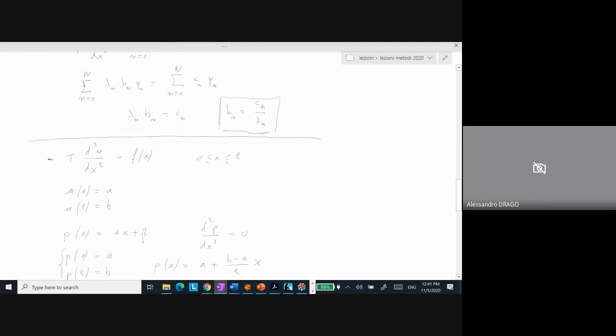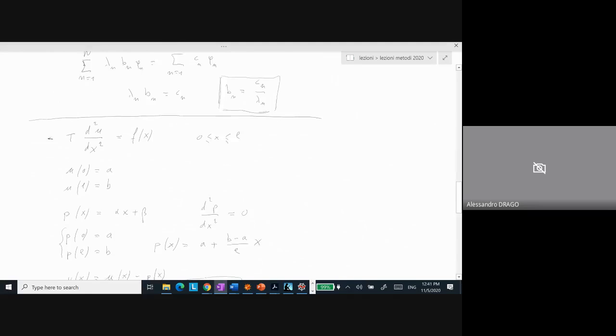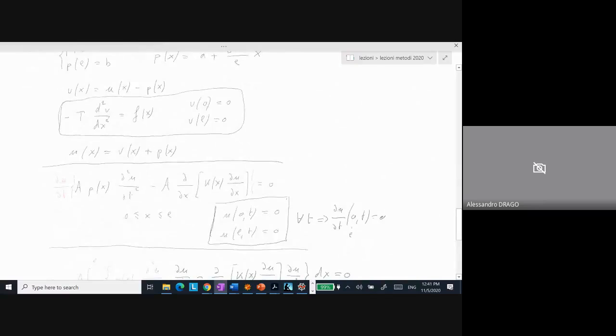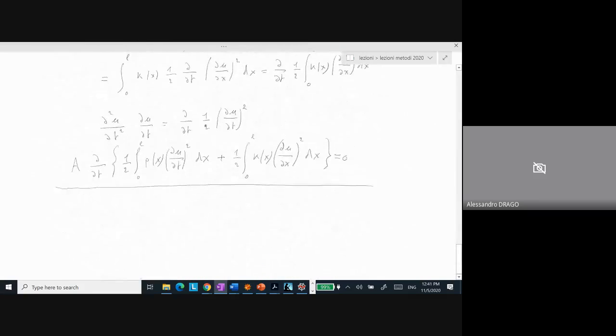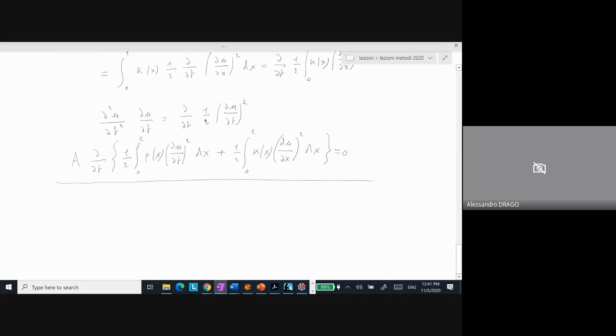So how do we introduce a modification to the potential energy due to these external forces? Here we are studying one specific problem, which is essentially the vibration of a string. So let's be very concrete, just to try to understand.